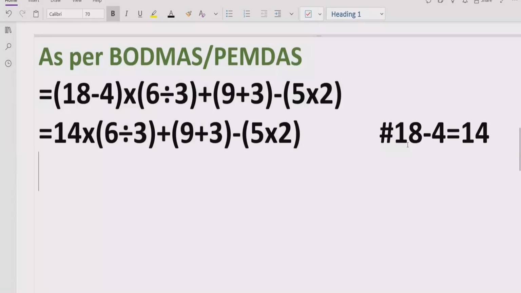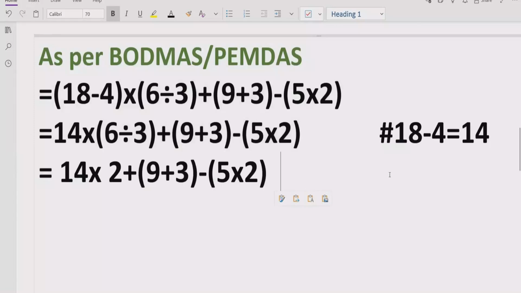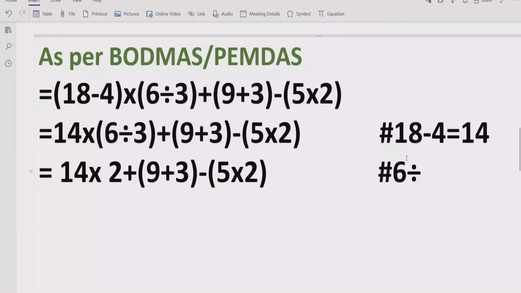Now, let's move forward to solve the second bracket. So here we have 14 multiplied by 6 divided by 3, which is equal to 2. And this part we will write as it is. So here we will give the reference: 6 divided by 3 equals 2.